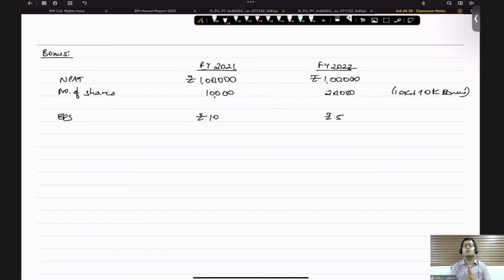Absolutely right. Okay. So now tell me, the reader of financial statements, from his perspective, is this making sense? Before that, from your perspective, is this making sense? 10,000 bonus shares are issued in financial year 2022, and basis that the EPS figures have been determined.